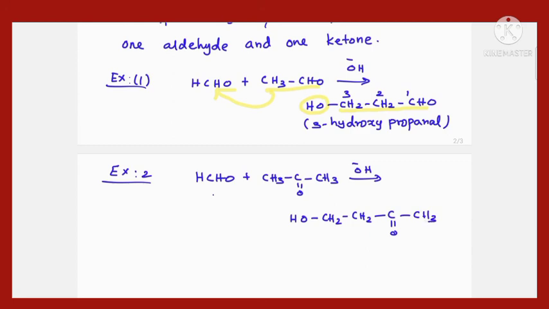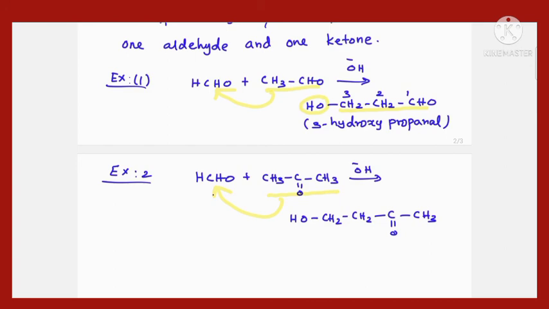As I said earlier, in this reaction acetone forms a carbanion. That carbanion reacts with the carbonyl carbon of formaldehyde and gives an alkoxide type of product. Then that alkoxide on protonation gives this as the product. So this is nothing but a hydroxy ketone.